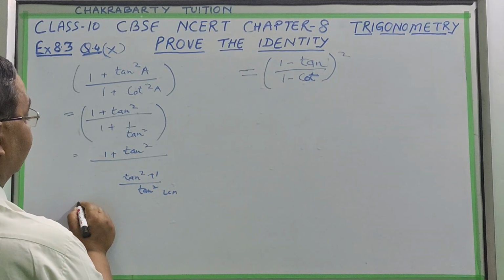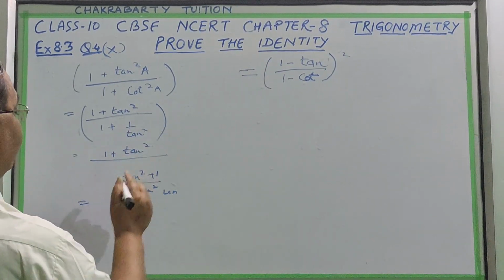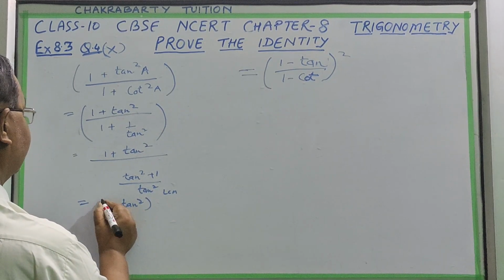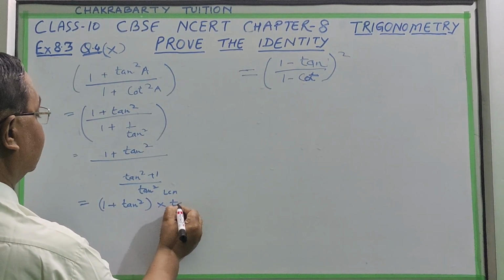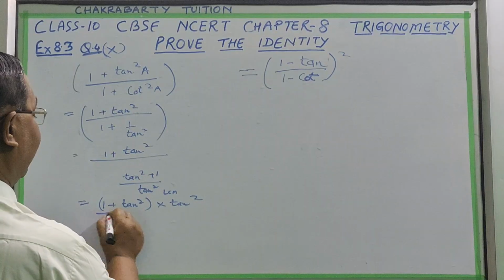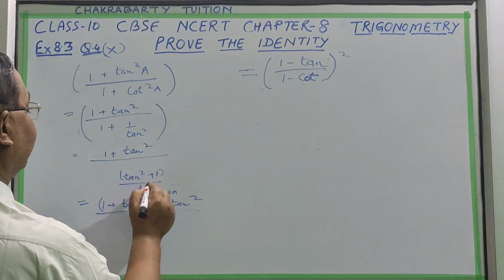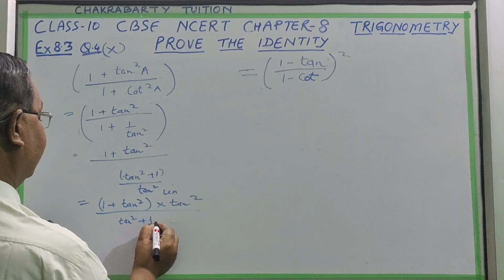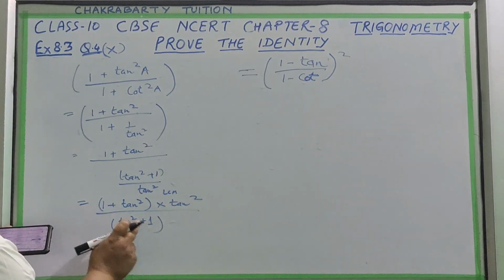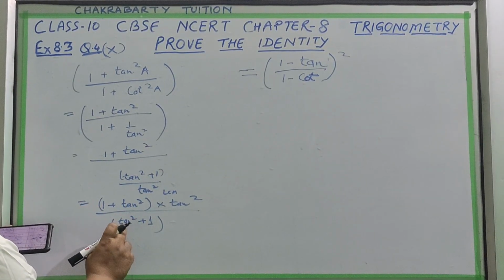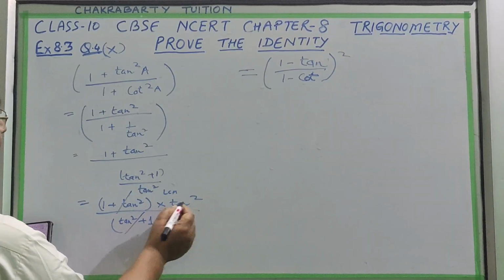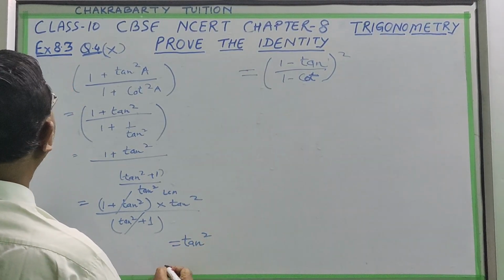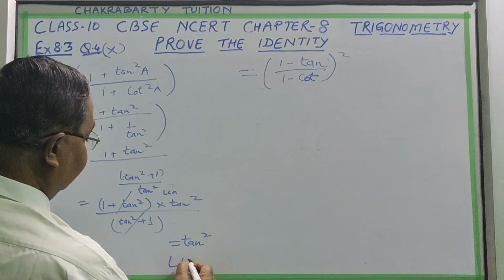So later on this tan we will take to the upper side. 1 plus tan square into tan square upon, this is in one bracket, tan square plus 1. Here you see 1 is positive, tan is positive, so this we can cut. What is remaining here? Tan square. So tan square, this is your LHS.